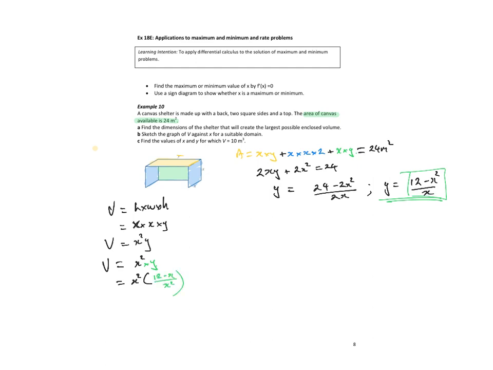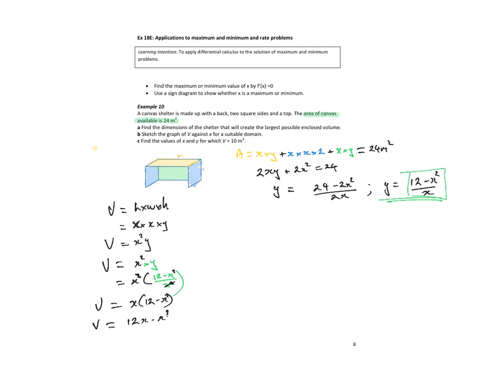If I expand that, if I multiply the x squared through, that x cancels with that x squared, I get x times 12 minus x squared. So that's the rule for my volume. Volume is equal to 12x minus x cubed.